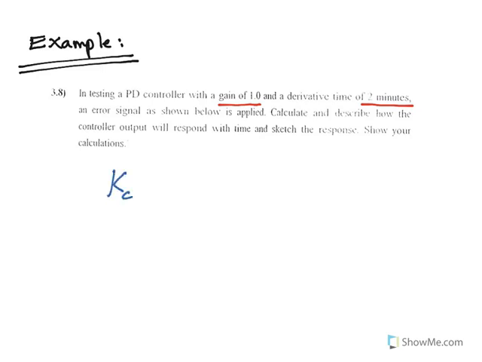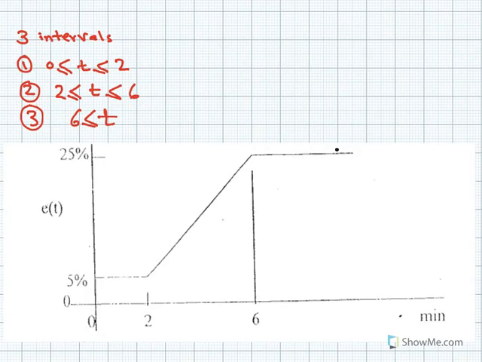So here we have the gain of 1.0 and we have the derivative time of 2 minutes. The graph here shows the error signal. The x-axis shows the time in minutes, while the y-axis shows the error in percentage.